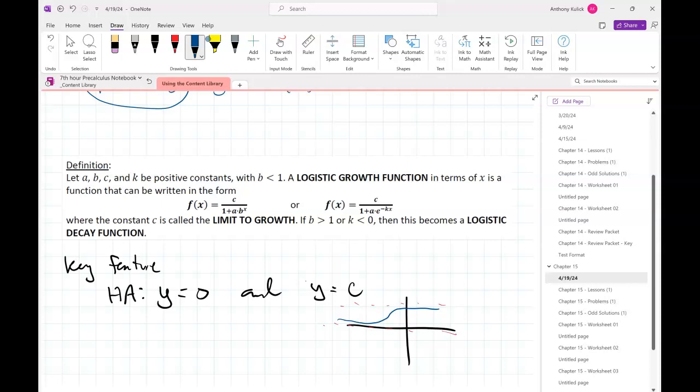If you tip past the carrying capacity, like a bunch of organisms migrate in and all of a sudden you're above, typically the population dies back out until you get to that carrying capacity again.